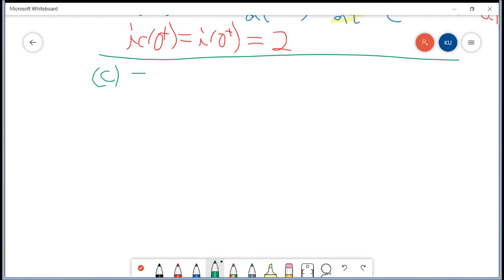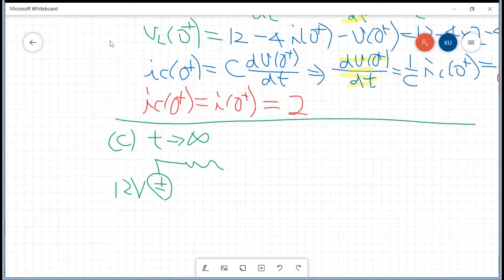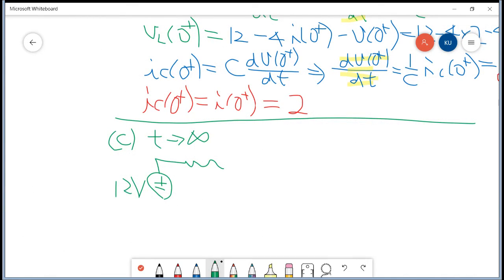So at t tends to infinity, on the left hand side there will be 12 volt. This is 4 ohm, right? And the inductor is also short circuit.